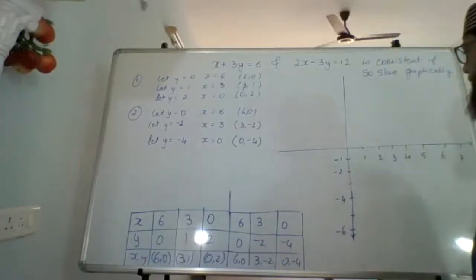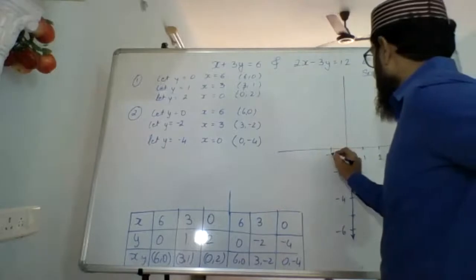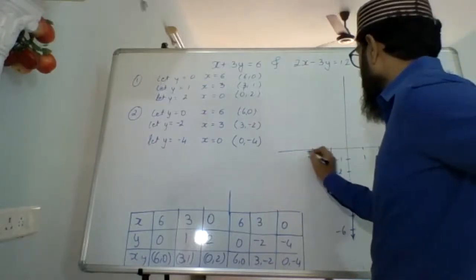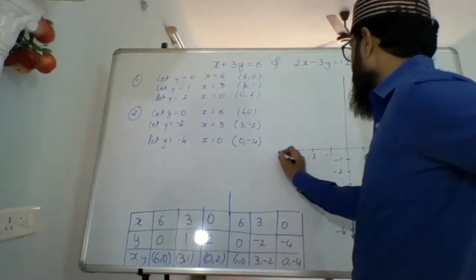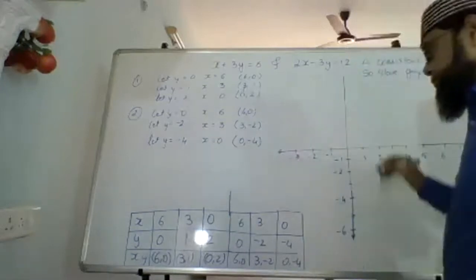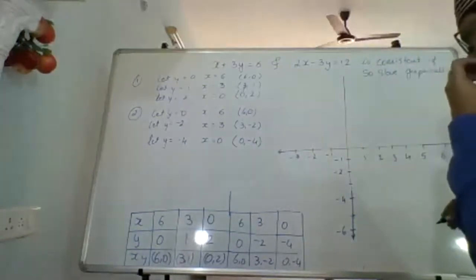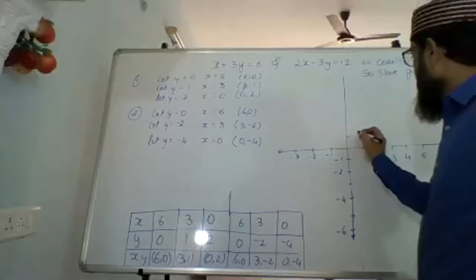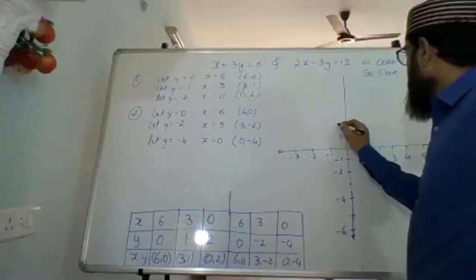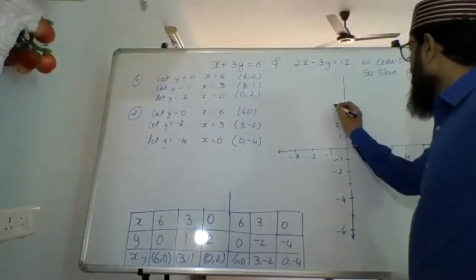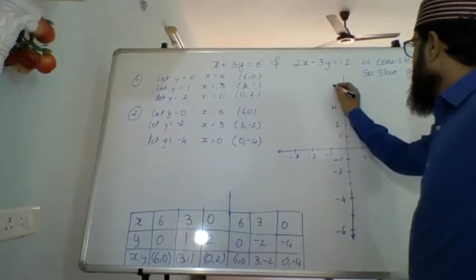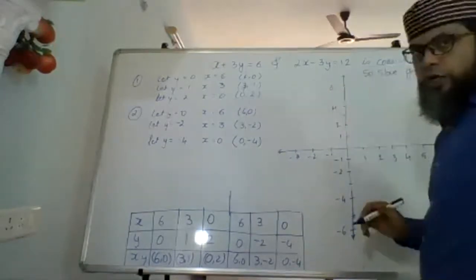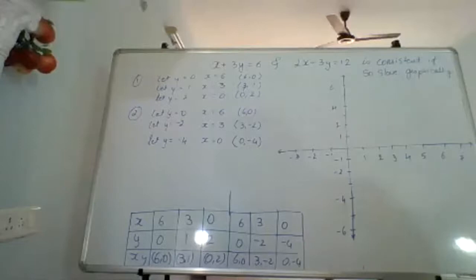Here again, minus 1, minus 2, minus 3, and so on, and 1, 2, 4, 6, and so on. Like this, I'll plot the graph.